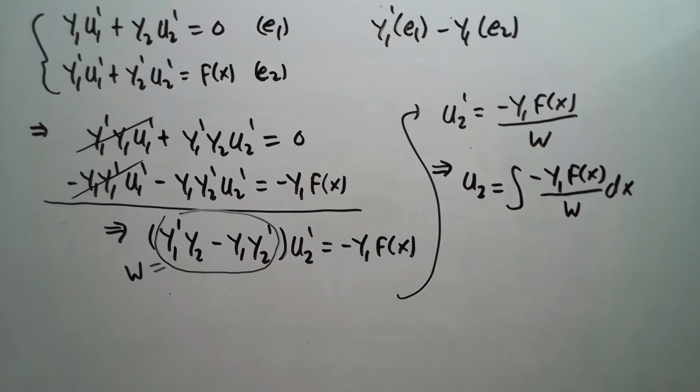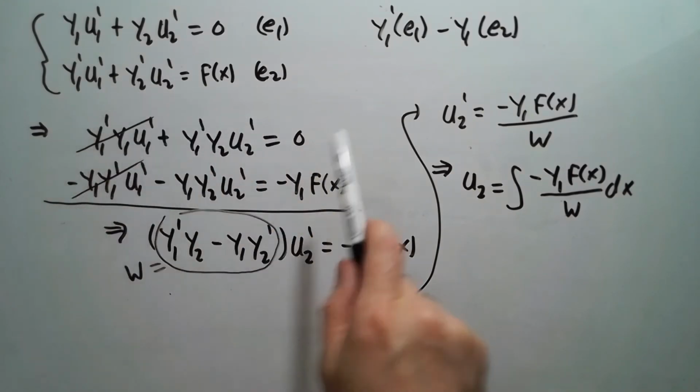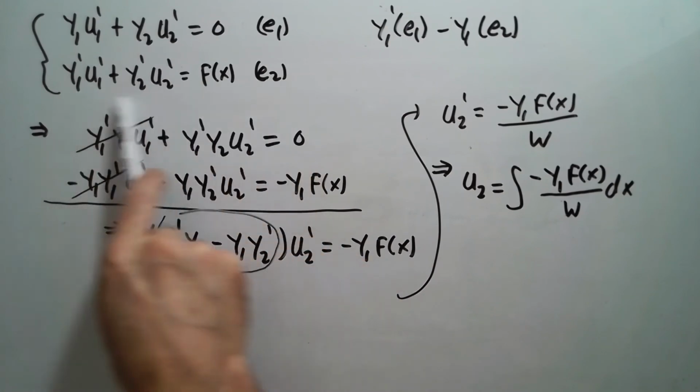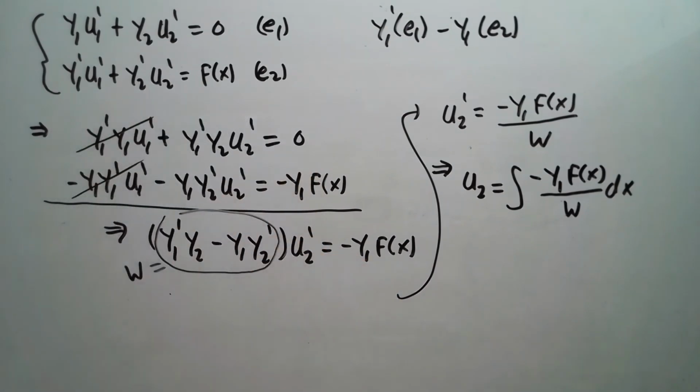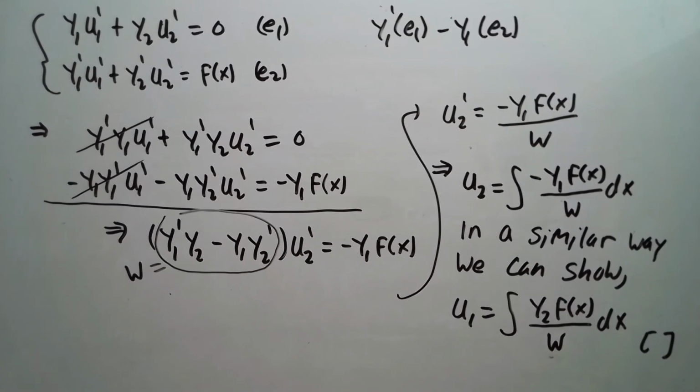And to show y1 equals the other part, we can just use the other part of the theorem, we can use this system up here and just eliminate the y2 prime, and I'll leave that as an exercise. So in a similar way, I just actually have noticed something here.